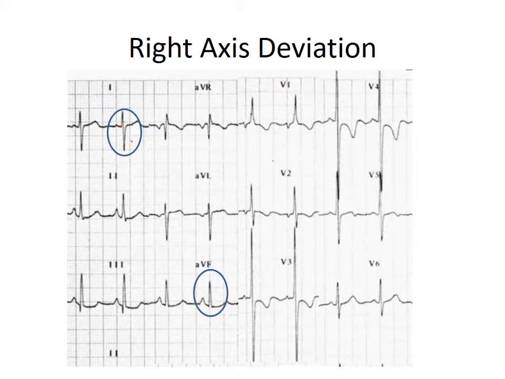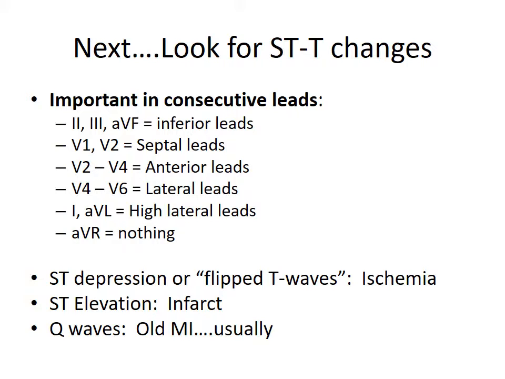All right, moving along. Next thing, look for ST-T changes like I already talked about. Leads 1 through AVF are your inferior leads, V1, V2 septal, V2 through V4 roughly, some people argue V3 and V4, is anterior, and then your lateral leads. So think about how it comes across your heart. V1 through V6 are the precordial leads. They start on the right side of the heart, they go across.